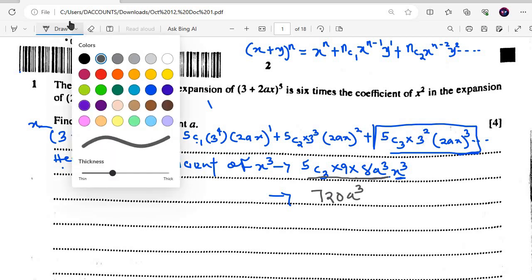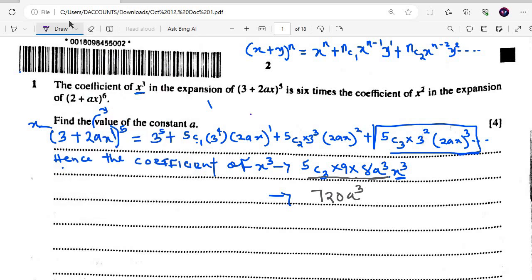Now, remember the question said the coefficient of x cubed is 6 times the coefficient of x squared in this expansion, which means in the second expansion given in the question, what we need is the coefficient of x squared. Using the same formula, the first term is 2^6.